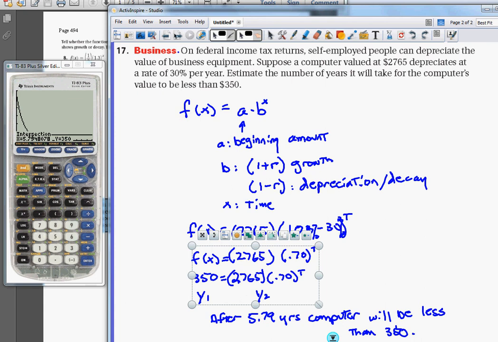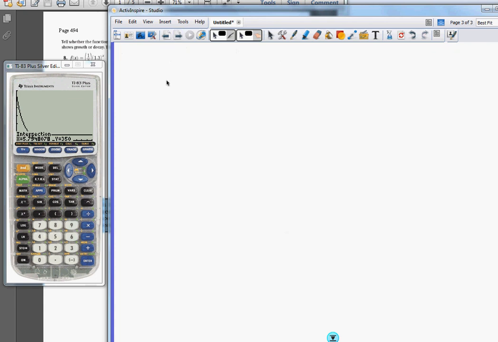Let's go to a new page and see if I can bring that up. Okay, so here we go. I'm going to erase the top, erase the bottom, bring this up.